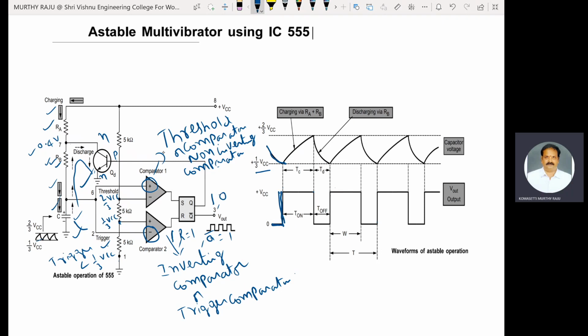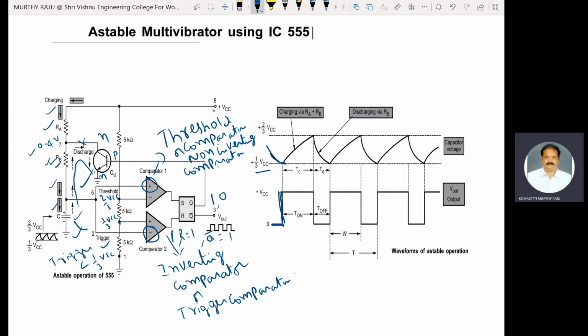Q is low means the transistor is driven into cutoff mode, because the low value at the base is insufficient to drive the transistor into saturation mode. Cutoff mode means the collector terminal is disconnected from the seventh pin.